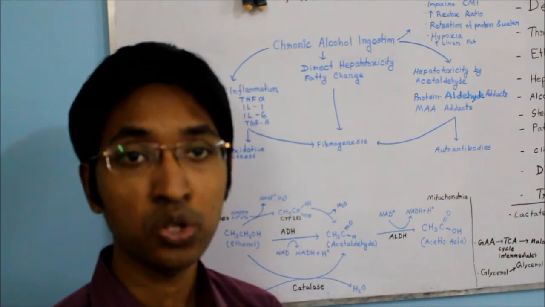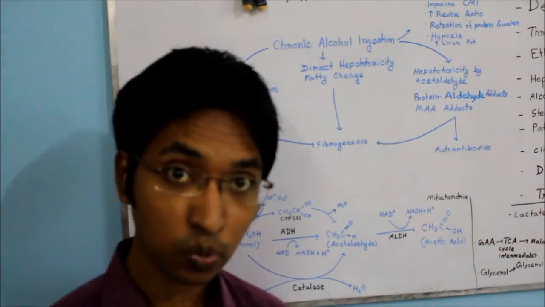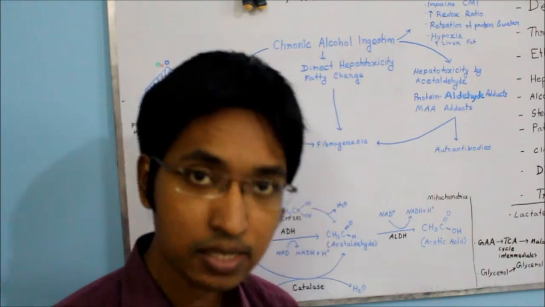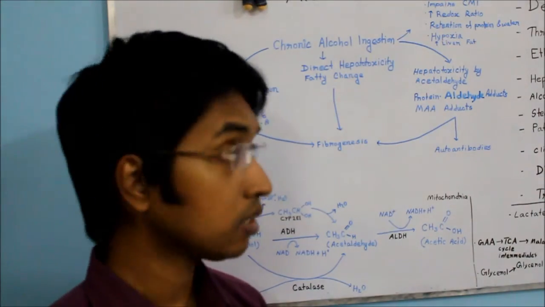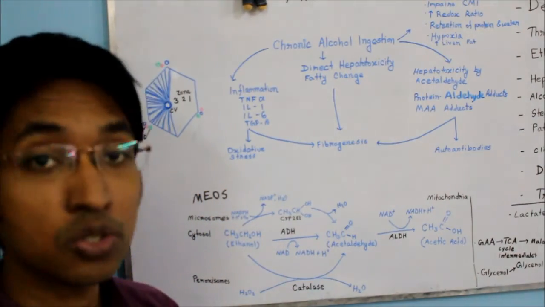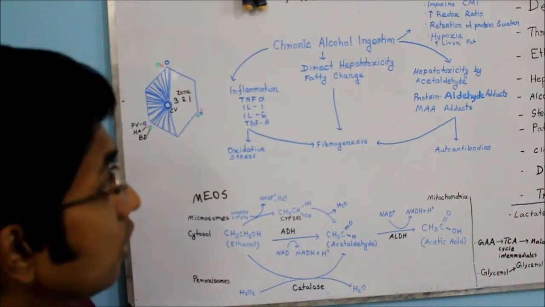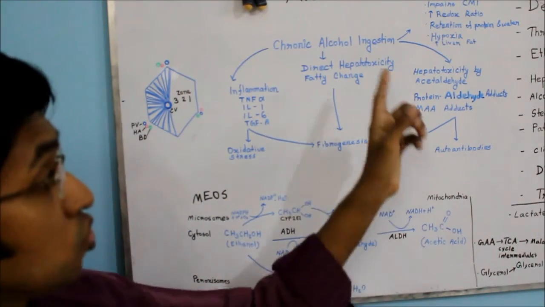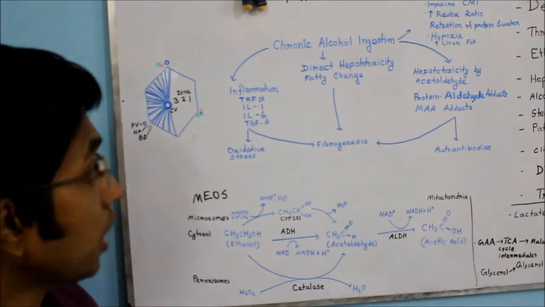So proteins will not get released from the liver cells. They will begin to accumulate inside the liver. Water will also begin to accumulate, and that will result in swelling of the liver cells and also liver injury. So that is another mechanism happening due to retention of protein and water inside the hepatocytes.